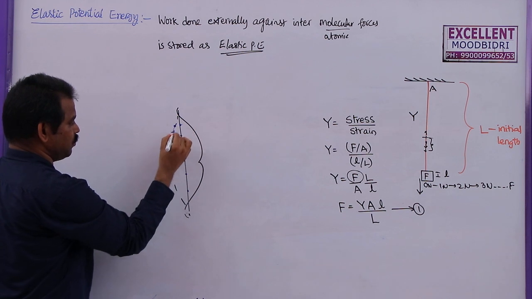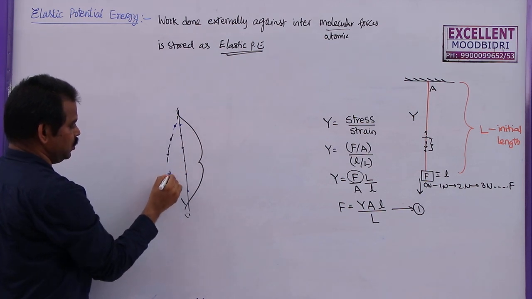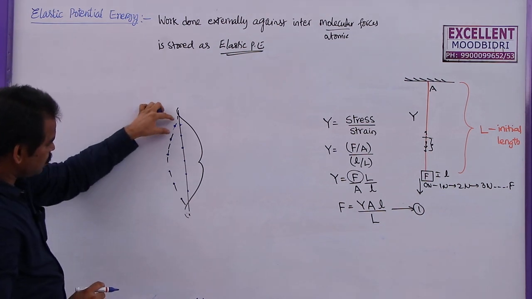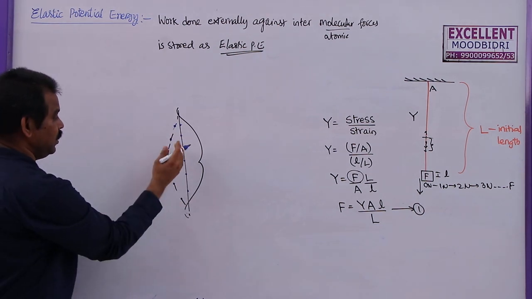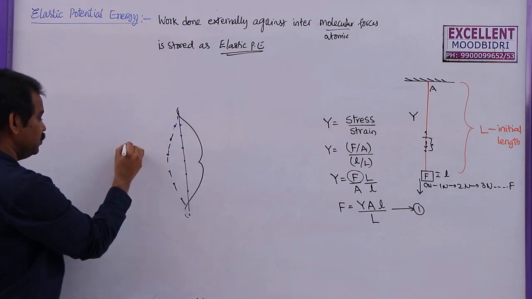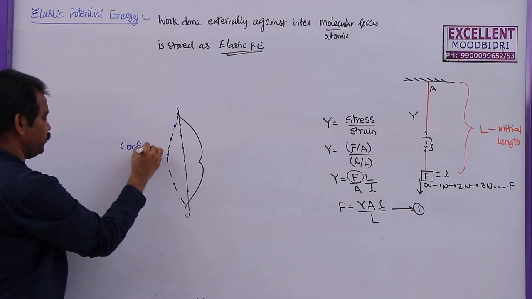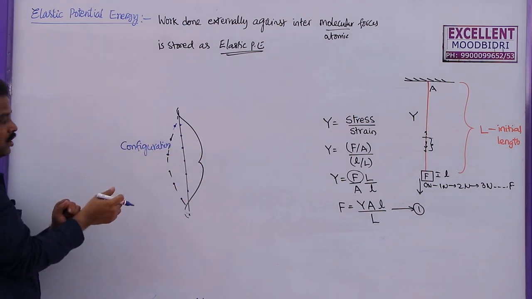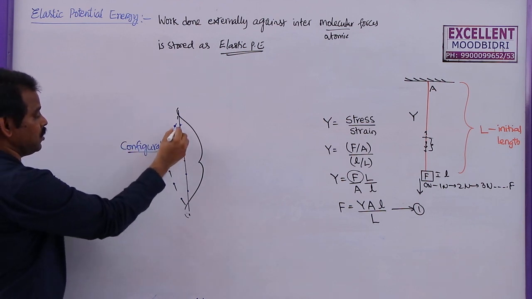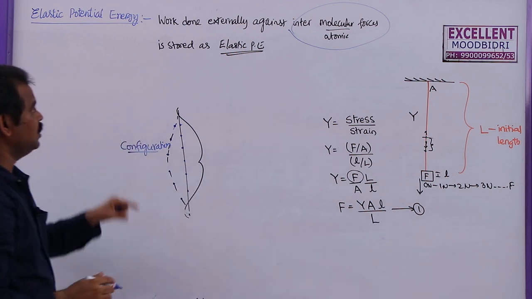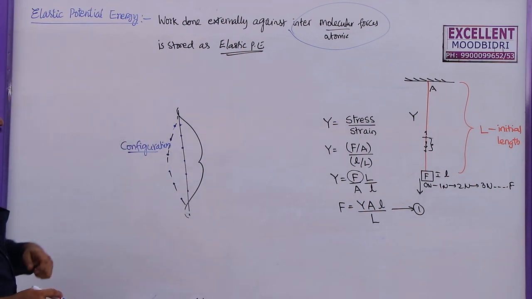Now the molecules will shift. The separation between each and every molecule will be different. To change this configuration, I need to apply some external force. That means I am doing some work against the configuration, against the intermolecular forces. This will be stored as elastic potential energy.